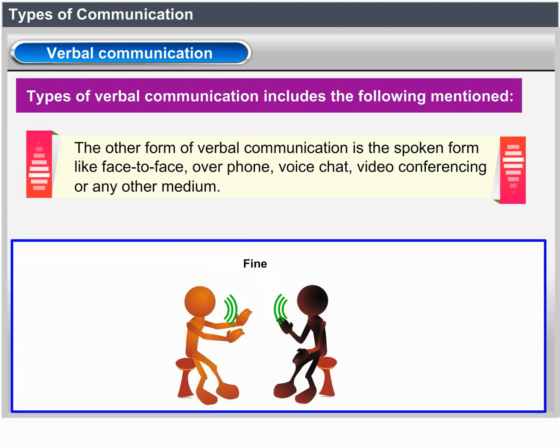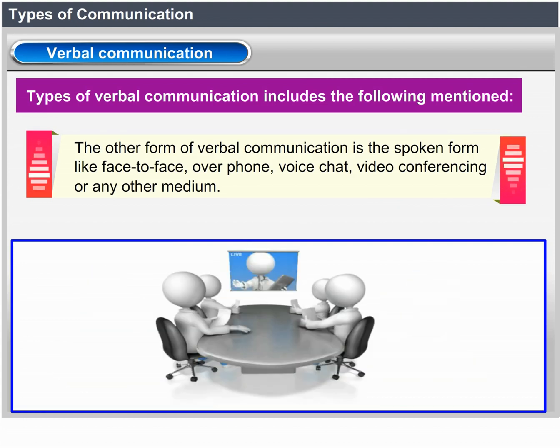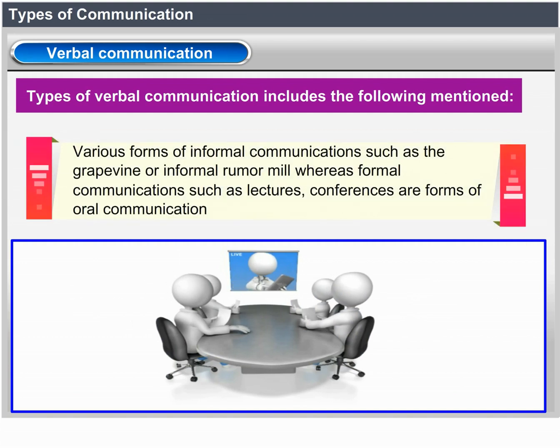The other form of verbal communication is the spoken word, either face-to-face or through phone, voice chat, video conferencing, or any other medium. Various forms of informal communication, such as the grapevine or informal rumor mill, and formal communications such as lectures and conferences, are forms of oral communication.